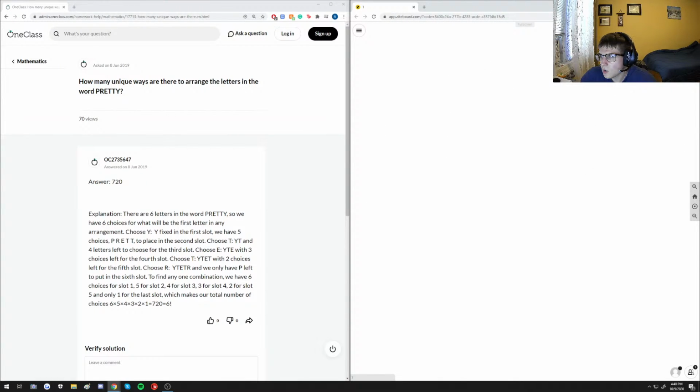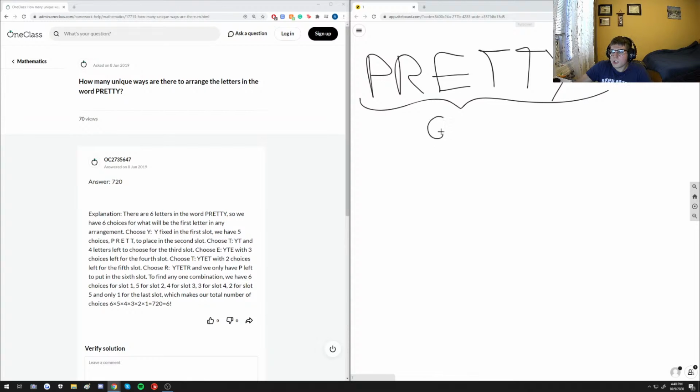Okay, so how many unique ways are there to arrange the letters in the word pretty? So, pretty. First thing to notice is how many letters are in the word pretty. So we have 6 letters. The next thing that we can do is come up with all the possible scenarios of arrangements for this word.